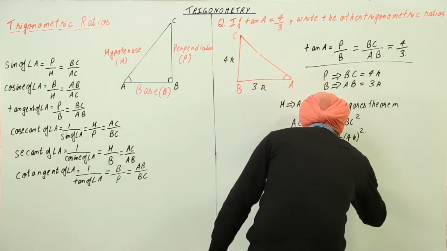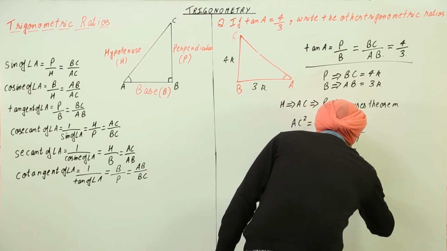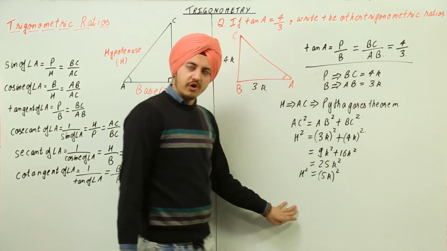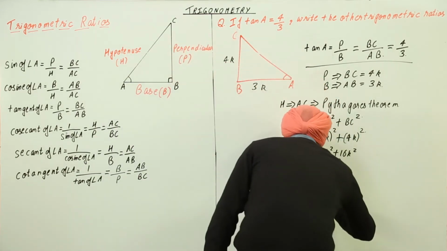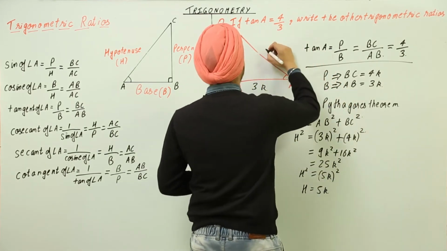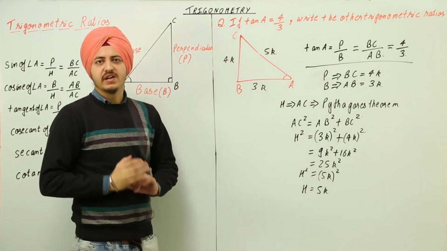Which is equal to 25K square, or I can write it as 5K whole square. This is H square. Now from here, H is equal to 5K. Now we have the value for the hypotenuse AC, that is equal to 5K.